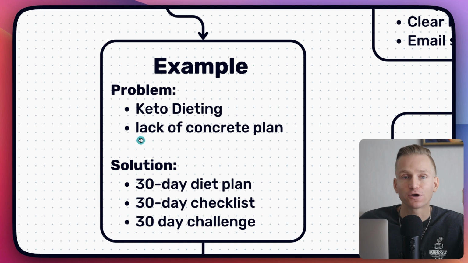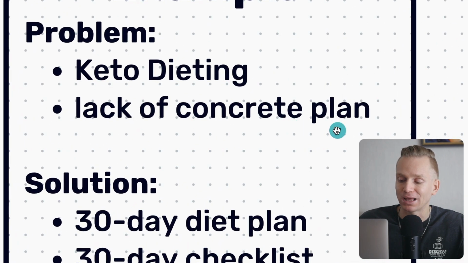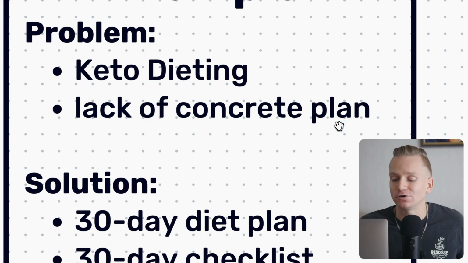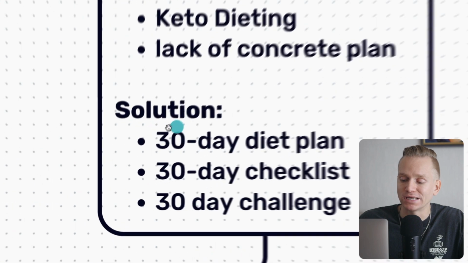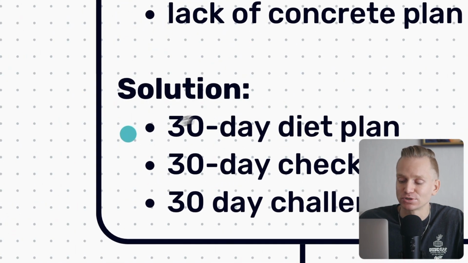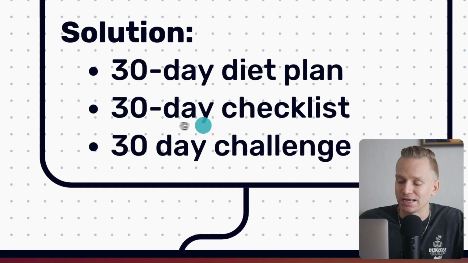The problem here, I would say, would be, as an example, a lack of a concrete plan for how people can follow a keto diet day to day. So now we want to find what is the solution for this. And a simple solution could be a 30-day diet plan, 30-day diet checklist, 30-day challenge, and so forth.